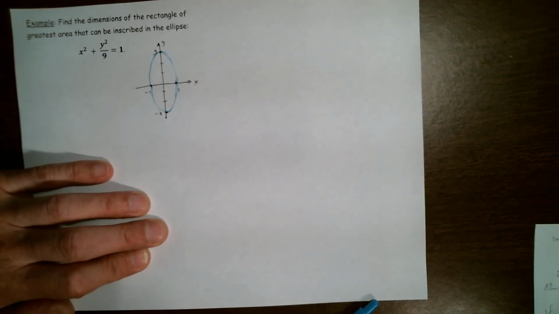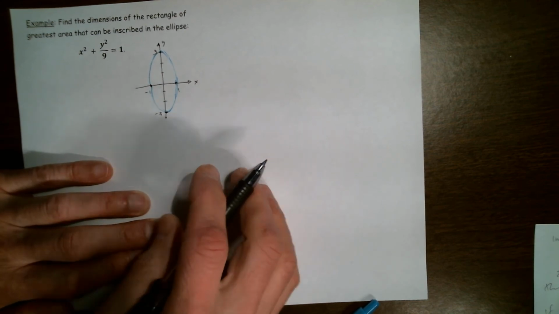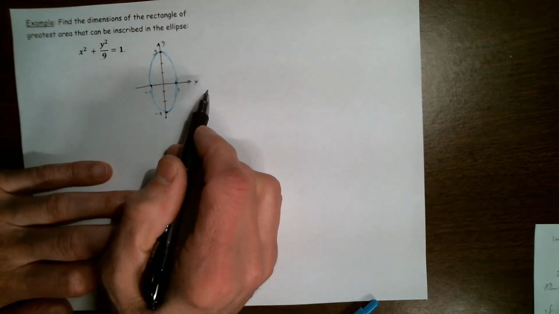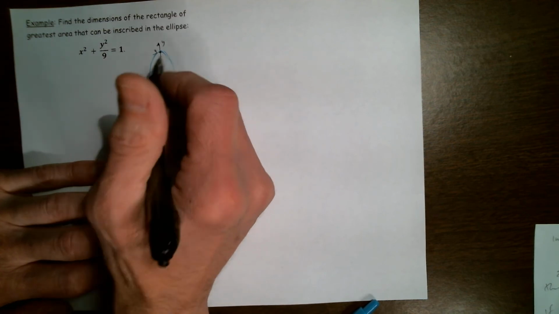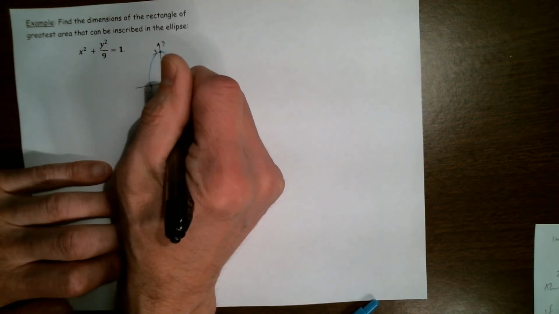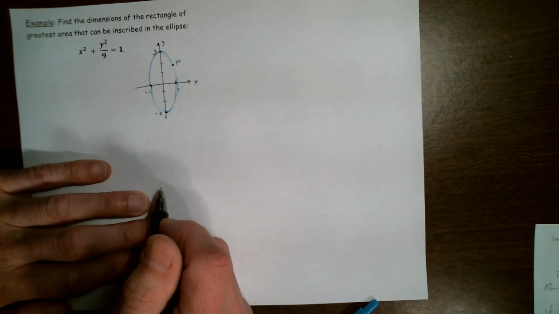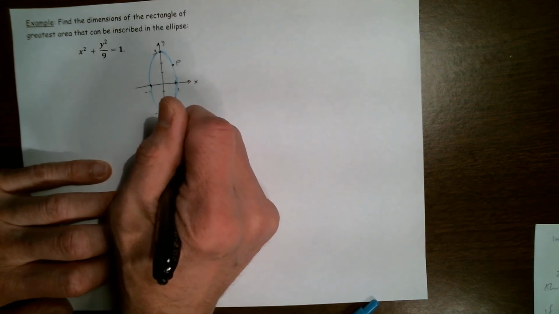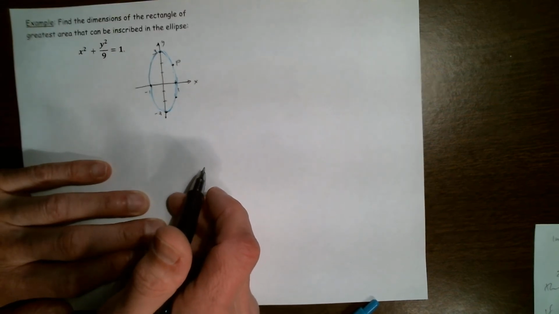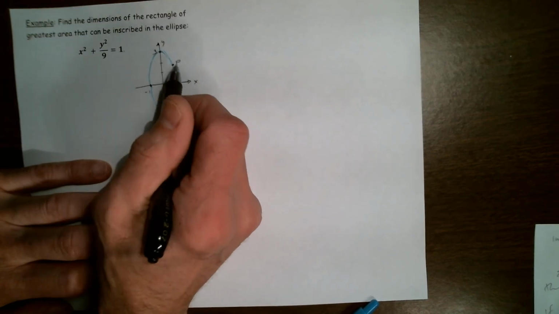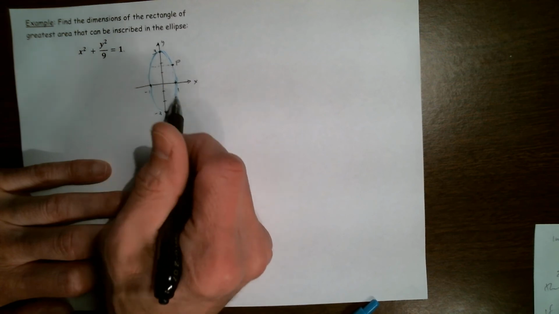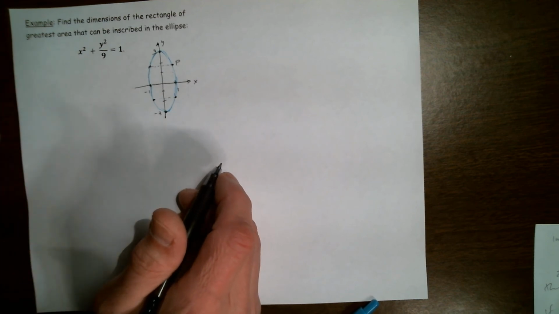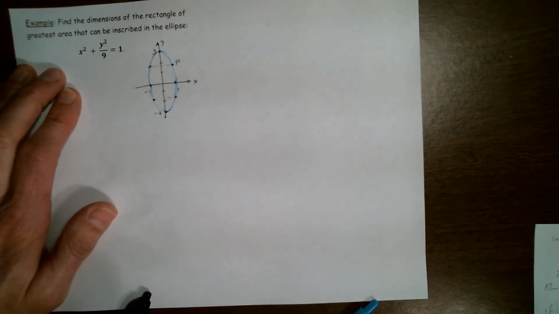So now if we think of inscribing a rectangle within this ellipse, because the ellipse is symmetric about both axes, we know that if say this point P happens to be the vertex in the first quadrant, then reflecting about the x-axis, we'll get this point, which will also be a vertex, and then reflecting either of these points about the y-axis, we should end up with the remaining two vertices of the inscribed rectangle.